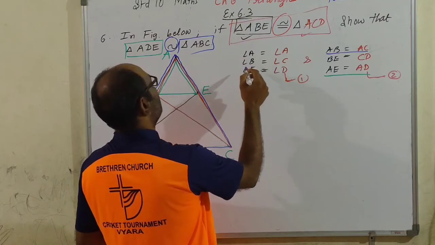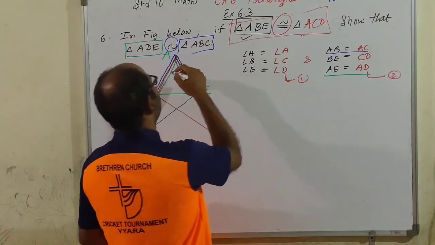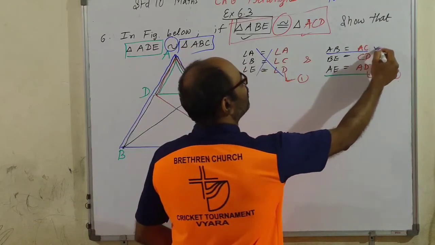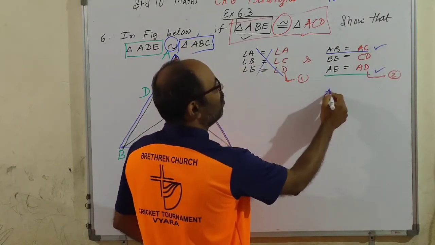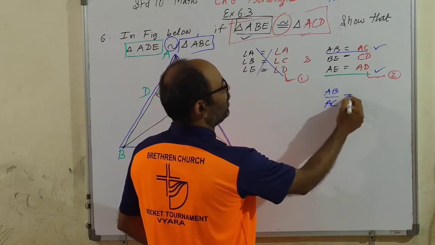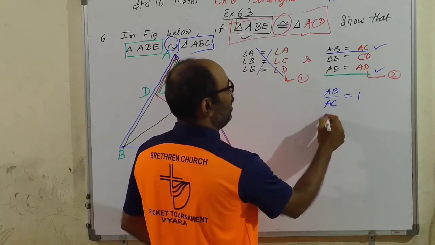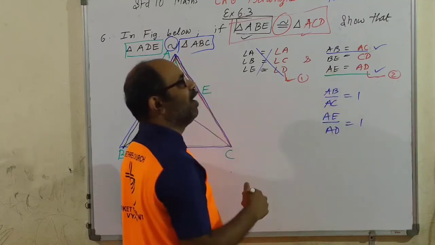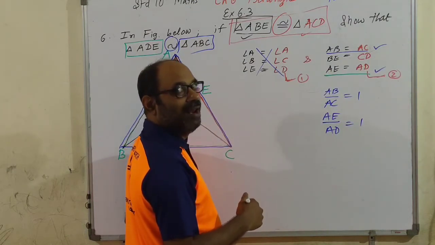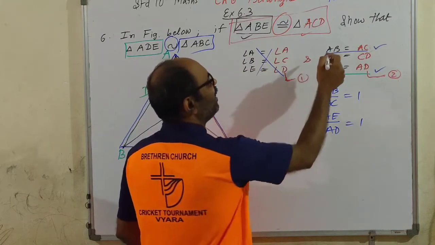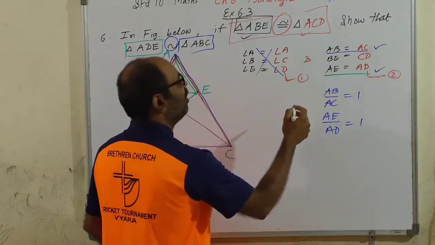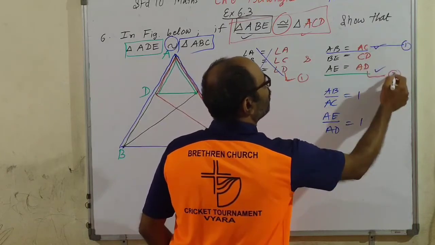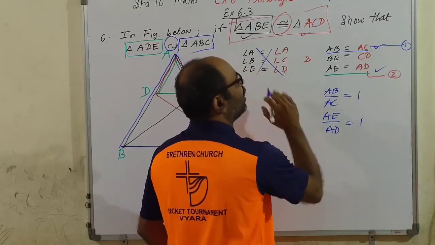Alright, we'll take the common angle. That is not needed, you can use this too. How? AB upon AC is equal to 1, AE upon AD is equal to 1, so they are equal. Alright. Or you can take Euclid's property, children. Let's call this result 1 and this result 2.